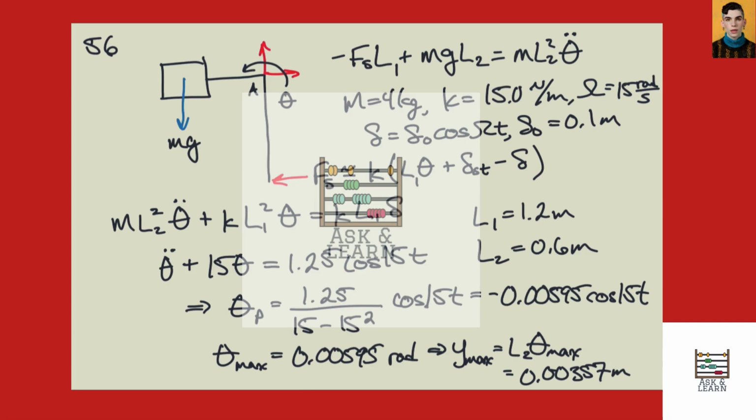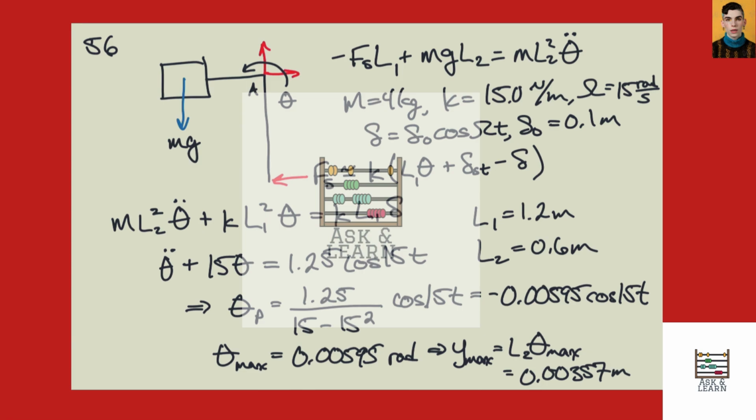Our equation of motion then becomes mL2 squared theta double dot plus kL1 squared theta equals kL1 times the excitation. Plugging in our values and dividing through, we get theta double dot plus 15 theta equals 1.25 cosine 15t. And we were asked to determine the steady state amplitude.